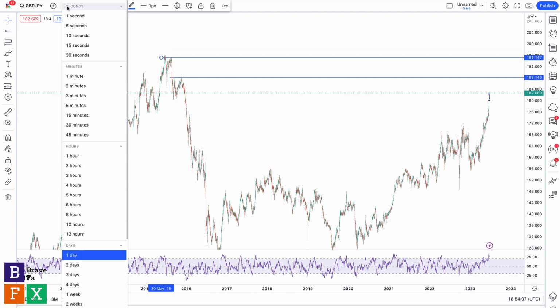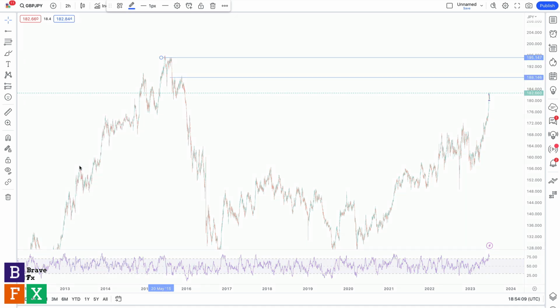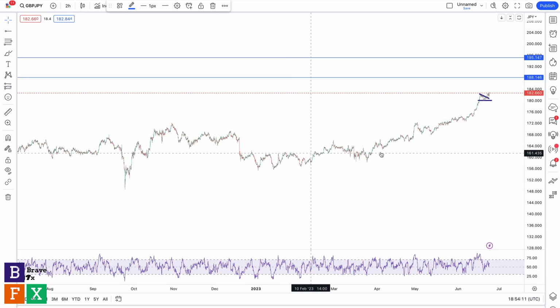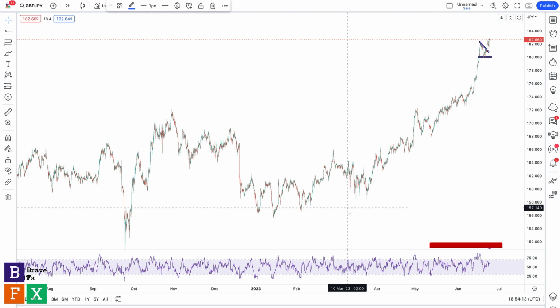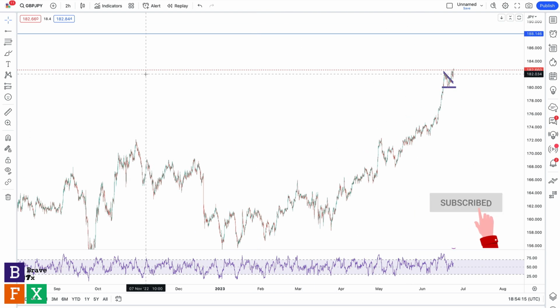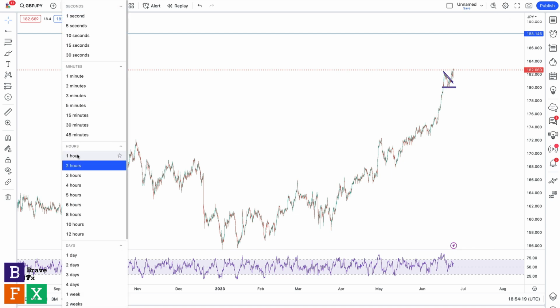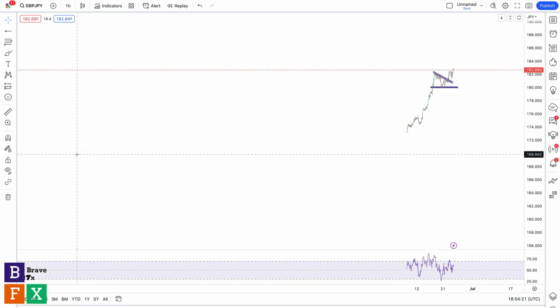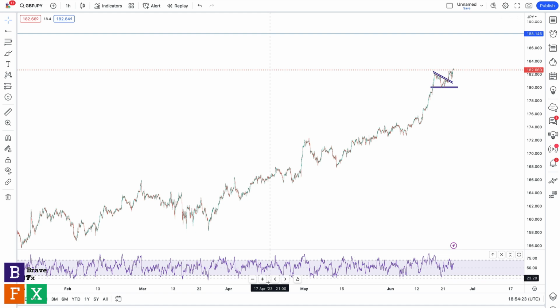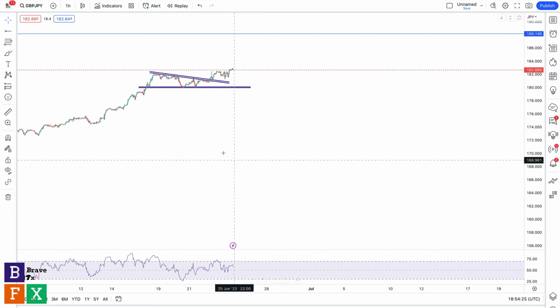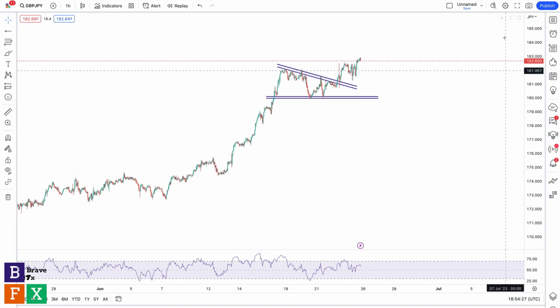So going back to the lower time frame, 2 hours time frame for example, this is what we are going to be watching since we're in a massive bullish trend. So let me use the 1 hour time frame because this is where I would be looking for my opportunities to go long in line with this current trend. So as you can see, this is a descending triangle with a bullish breakout.